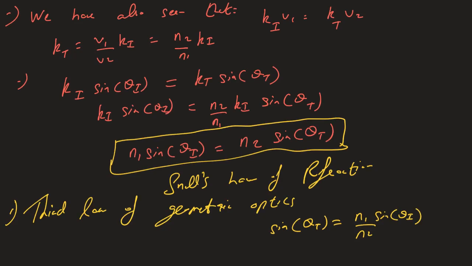Okay? So the first law tells you that the incident, reflected, and transmitted light form a plane. The second law tells you that the angle of incidence is equal to the angle of reflection. And the third law is Snell's law, that N1 sine theta 1 is equal to N2 sine theta 2. So these are the three fundamental laws of geometrical optics, right?